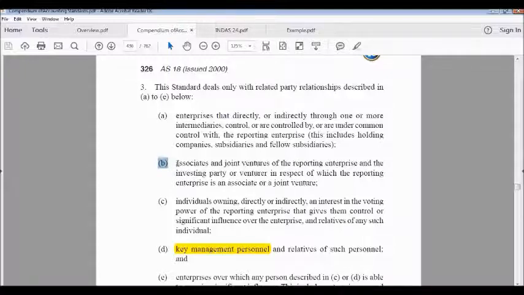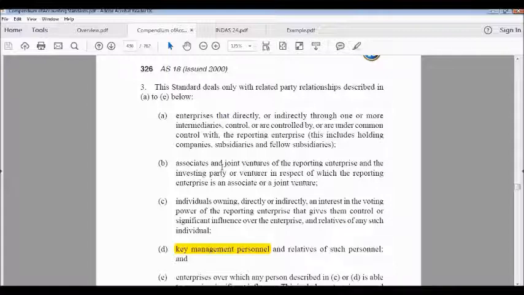Paragraph B says: associate and joint venture of the reporting entity, and the investing party or venturer in respect of which the reporting enterprise is an associate or joint venture. So you will be related only if the other entity is an associate or joint venture of the reporting entity, or the investing party or the venturer in respect of which the reporting enterprise is an associate or joint venture.